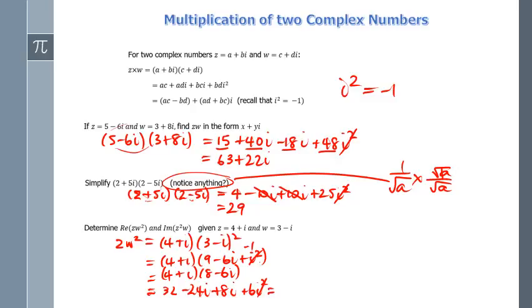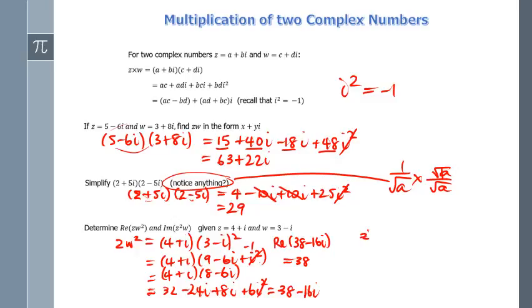So I've got 32 plus 6, which is 38. And then I've got minus 24 plus 8, which is minus 16i. If I want the real part of 38 minus 16i, that is just 38.